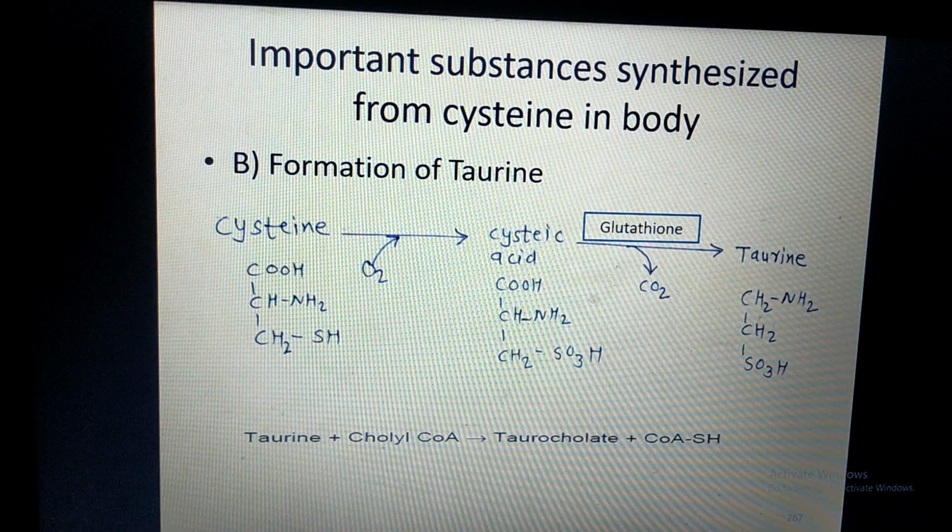But when this coenzyme A combines with any compound, then it is not necessary to write down SH. See, on the left side, just choline-CoA is written, where the SH group is not shown. But when coenzyme A is free, then separately we have to write down the SH group.